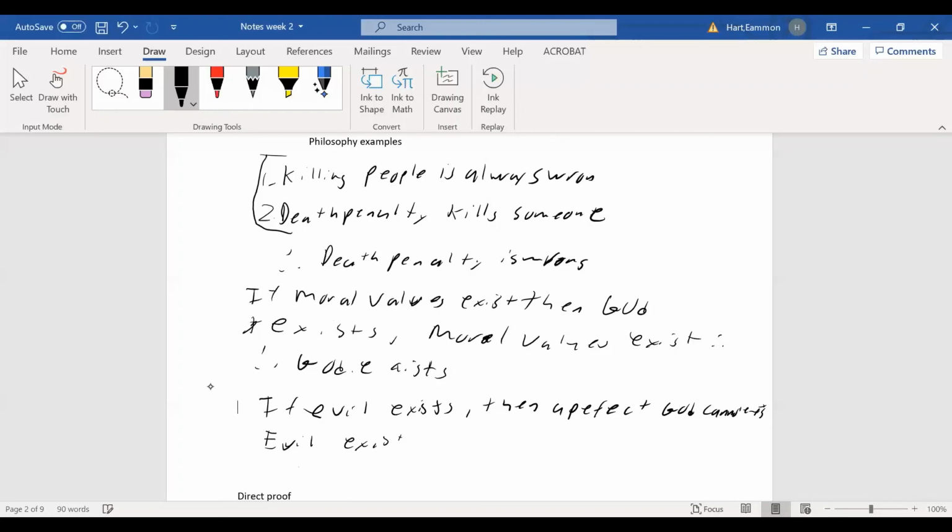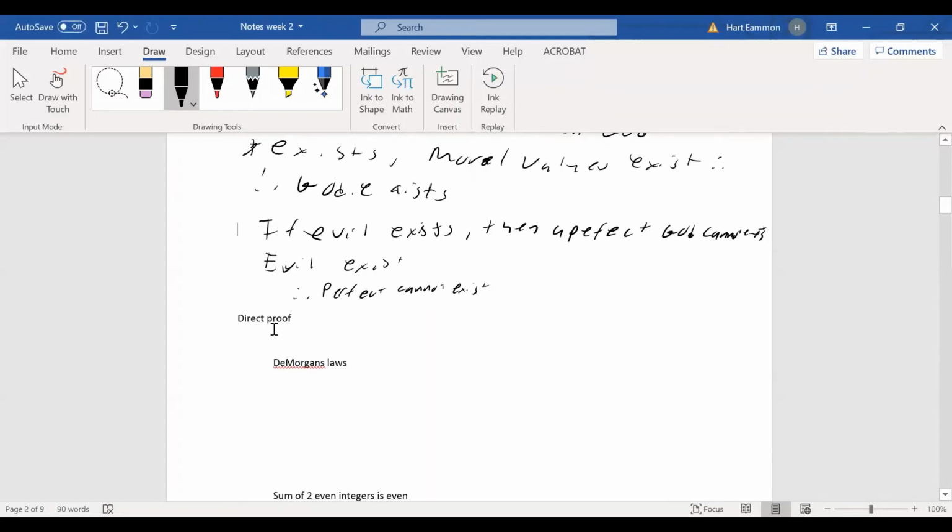Therefore, a perfect God does not exist. But again, these premises are going to be hotly debated in philosophy, versus in math, where we will hopefully have premises that are indisputable.